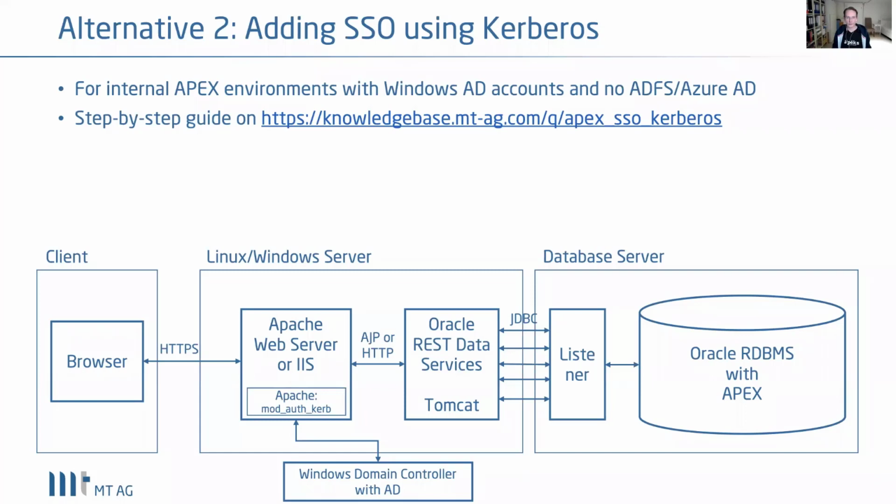If you have a Windows server, I would say you should use IIS to get the Kerberos authentication done. If you're using Apache Web Server, then you can use a module like mod_auth_kerb to use the Kerberos authentication on the Linux environment.